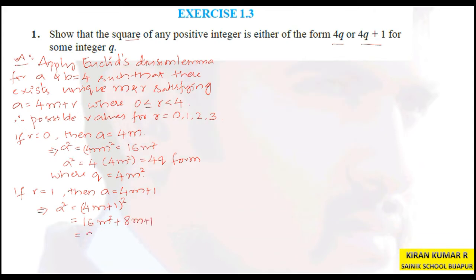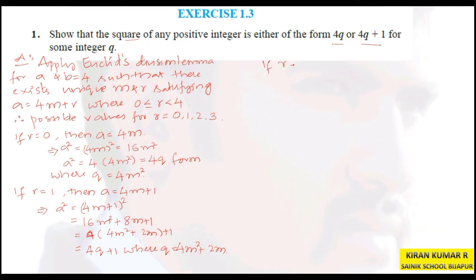In the first two terms, I can take 4 as common. I will be getting 4 times 4m square plus 2m, added to 1, which is something like 4q plus 1, where q is equal to 4m square plus 2m.